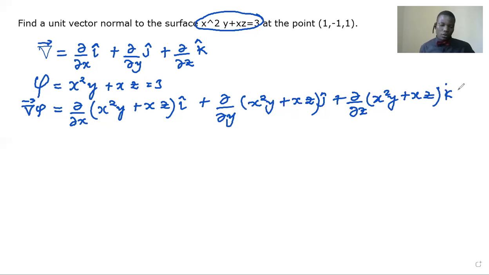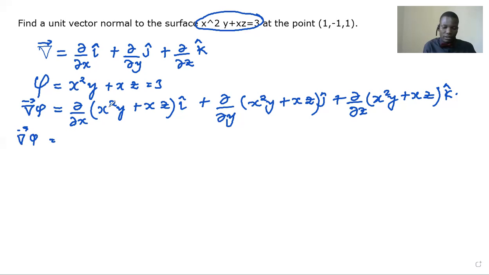This is actually partial differentiation. Here we differentiate with respect to x only where there is x, here only where there is y, and here with respect to z.